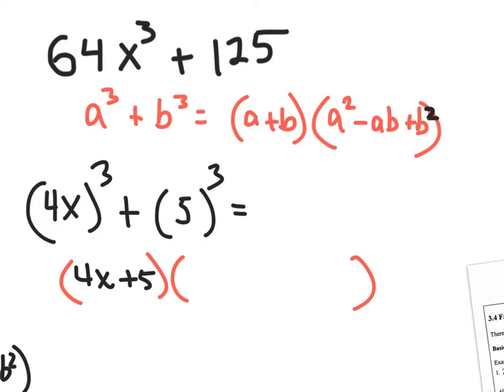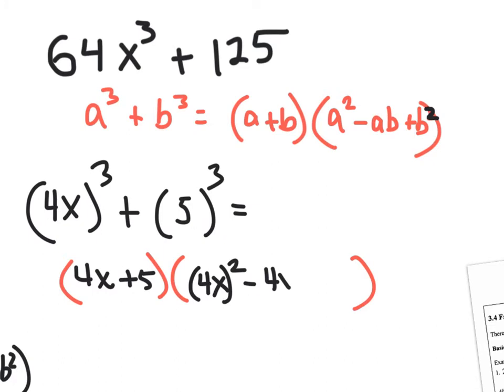A squared, okay? Well, if I'm going to write a squared, I better put the a in parentheses, and the a value in this case is 4x, and then I'm going to put the square on the outside of the parentheses, okay? And then what else does it have? It has a minus ab. So I'm going to put minus a times b. What is a times b? I'm not going to actually work it out, even though I already know it's 20x.